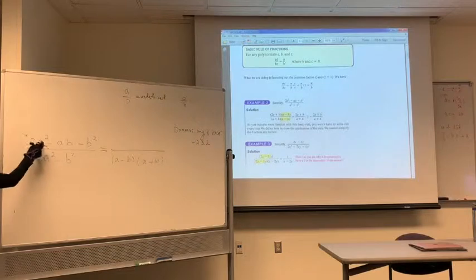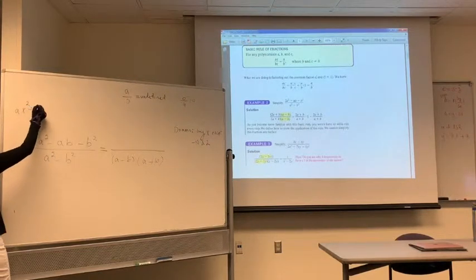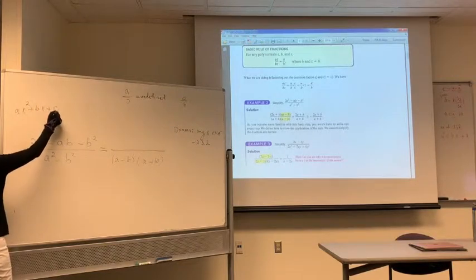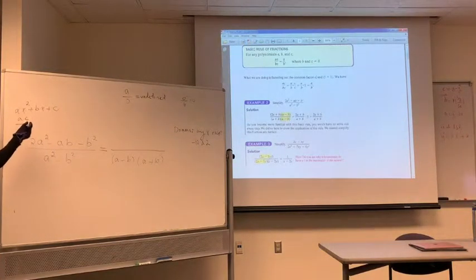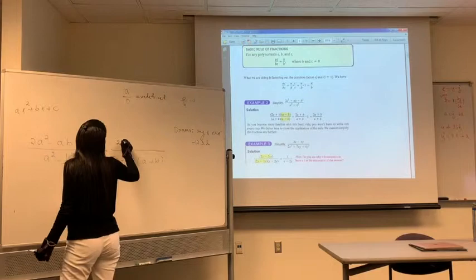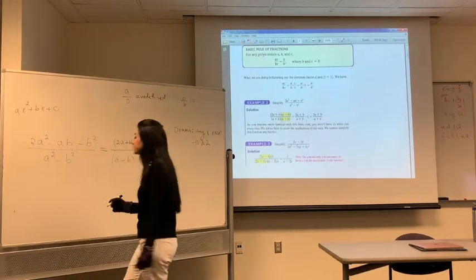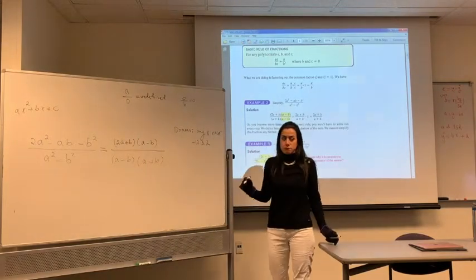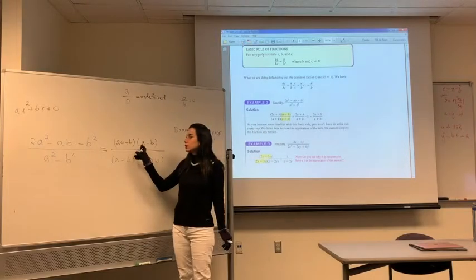We have a coefficient for x squared, and we can use this formula: ax squared plus bx plus c. Find AC, do you remember? Then break down bx, and you can break down this polynomial to this one: 2a plus b multiplied by a minus b. That's what it would be if it was factored.